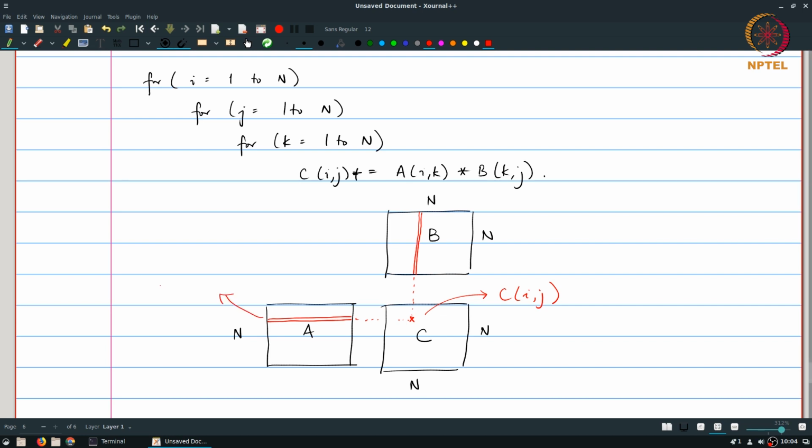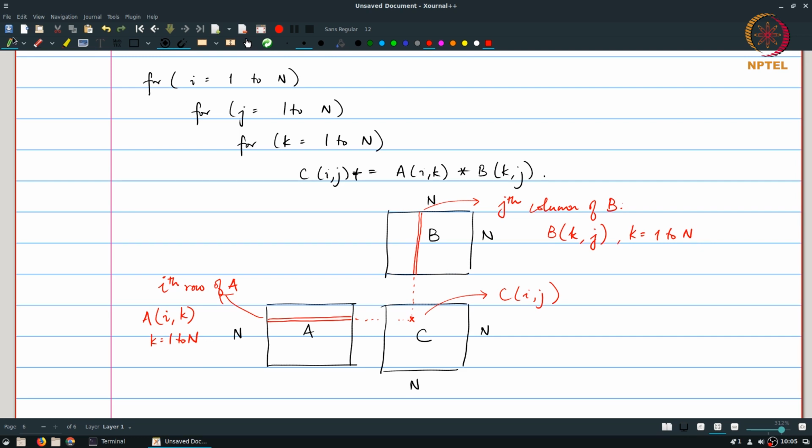This value is the ith row of A, which basically corresponds to the values A of i comma k, k equal to 1 to n. And similarly, this is the jth column of B, which is B of k comma j, k equal to 1 to n.